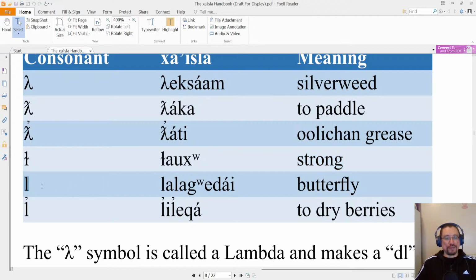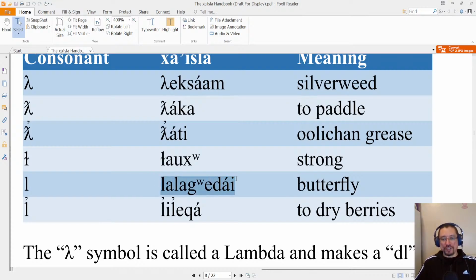Next we have a regular letter L, and we hear this twice in the word lalagwade. Lalagwade. Pay attention to this vowel combination at the end, AI. If you think back to the vowel video that I did a while back, AI says eh.